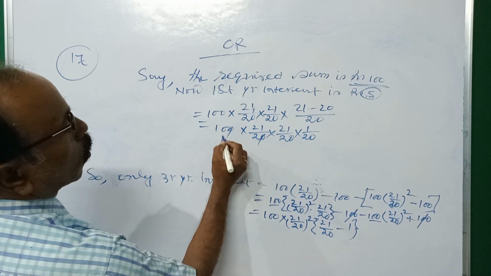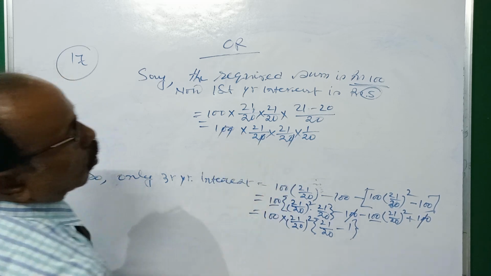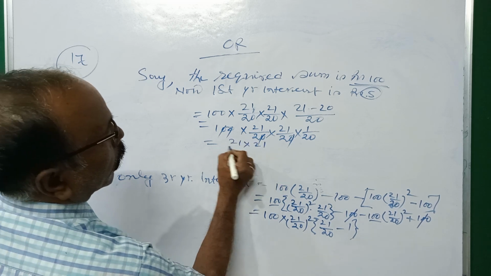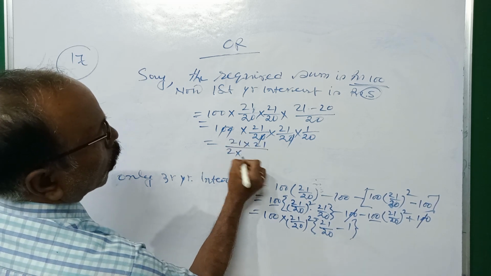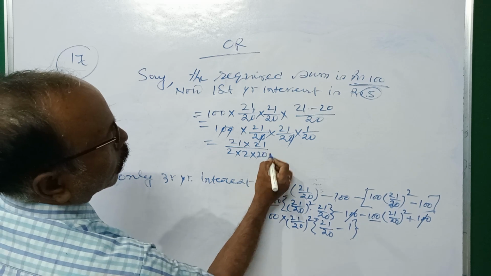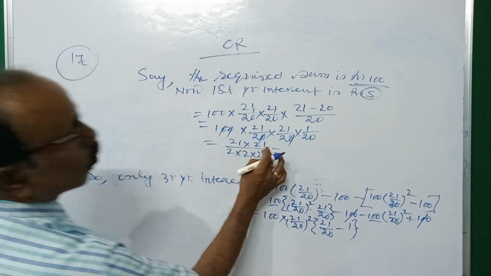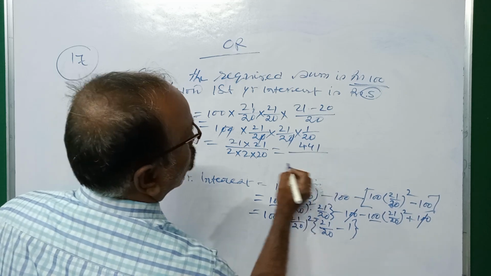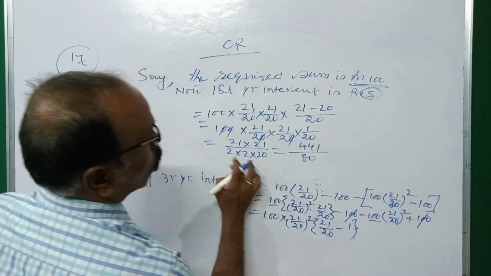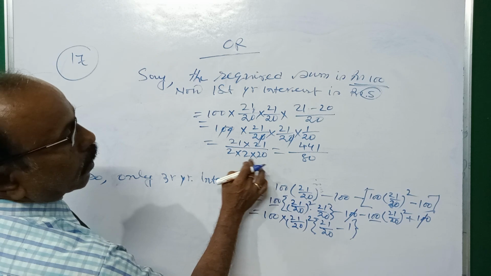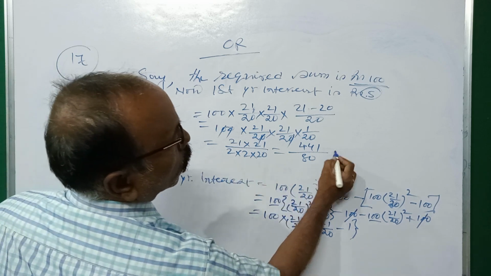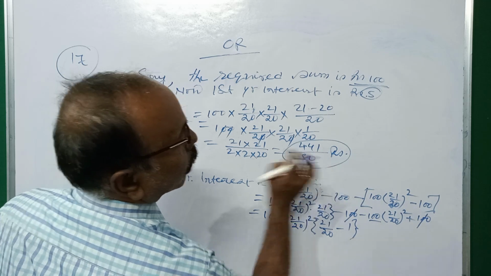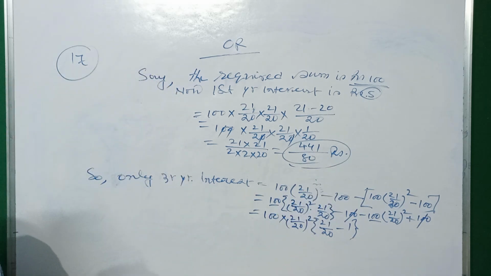The zeros will be crossed. Now 21 into 21 divided by 2 into 2 into 20 is equal to 441 divided by 80 rupees. My dear student, this is the third year compound interest.